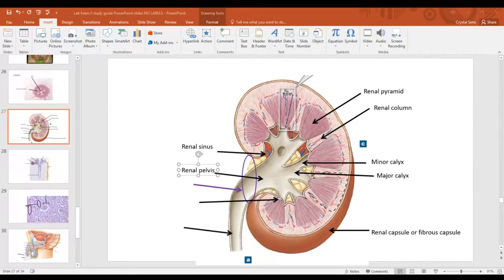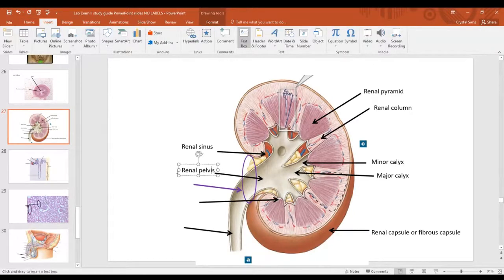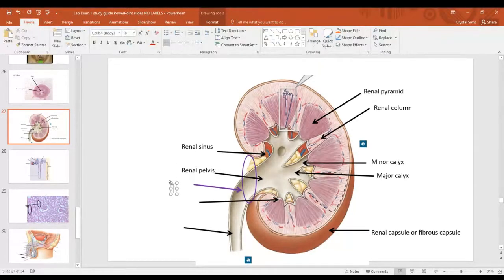So I've got my minor calyx first, and then I've got my major calyx next. Really this arrow should be pointed a little bit further to show that it is draining two of my minor calyces.